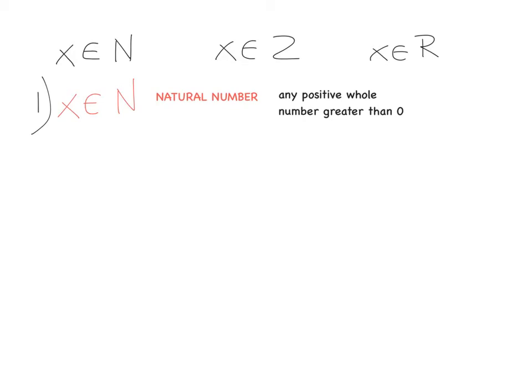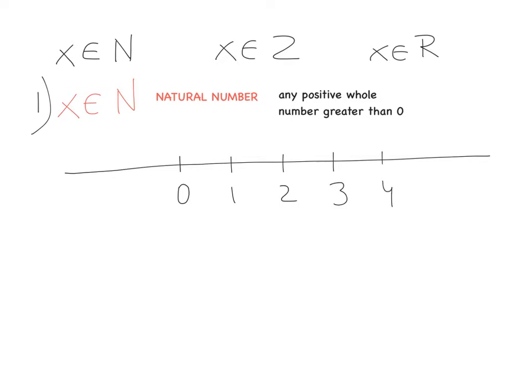First of all, we need to draw a number line. We have 0, 1, 2, 3, 4, and so on. Make sure you have the same distance between the numbers, okay?